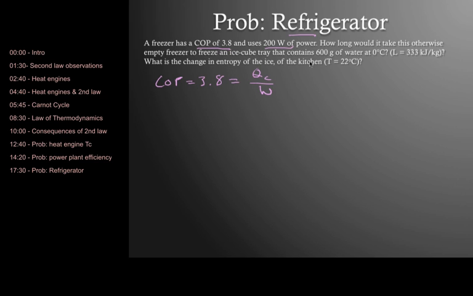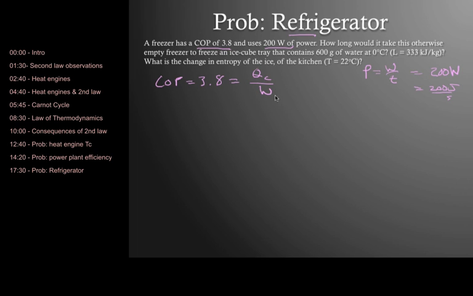But here we have power, and power is equal to work over time. So this is our unit of power, 200 watts. So this is basically saying that there's 200 joules per second.